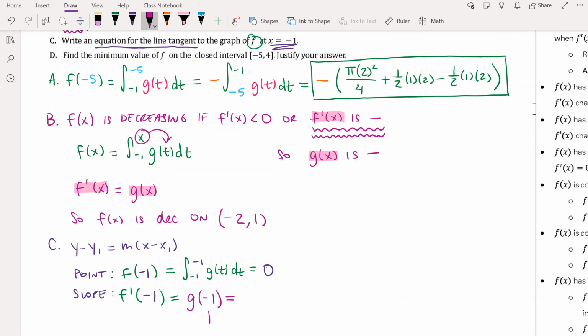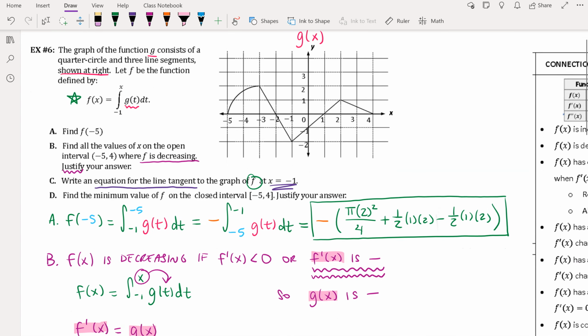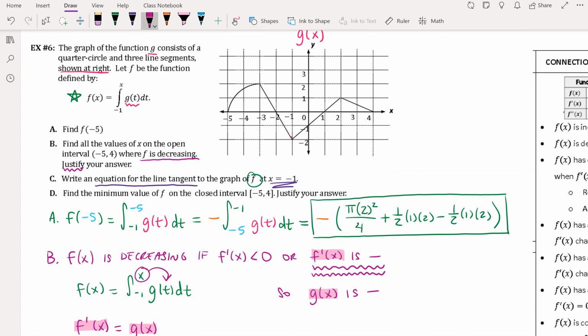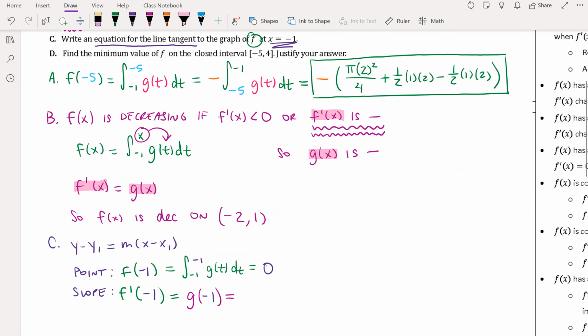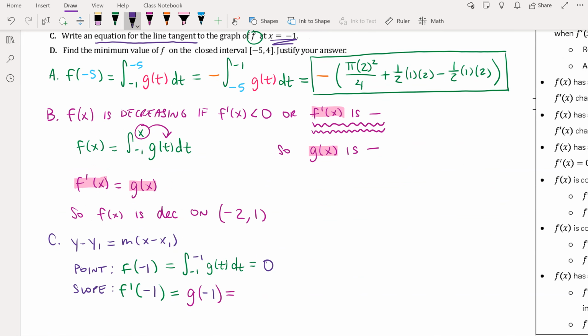At x equals negative 1, what is my y value on that graph? So g of negative 1, here's my point. What's my y value at that point? Negative 2. G of negative 1 is negative 2. So we have negative 2 here. This is our slope. So actually, let me just do this in this color, negative 2.